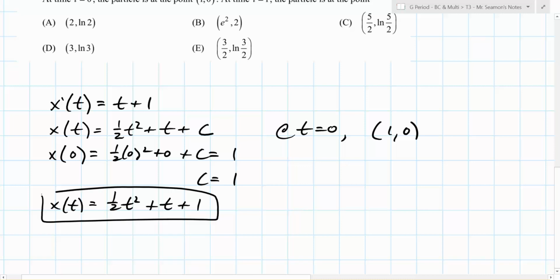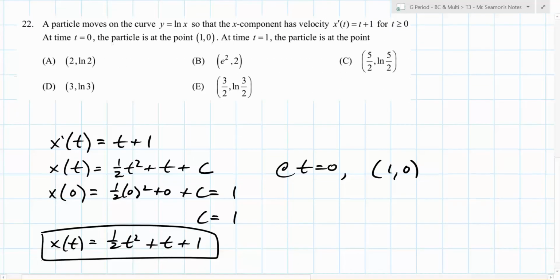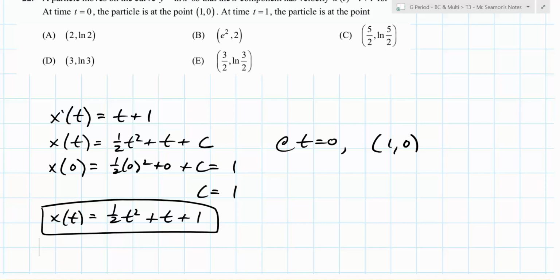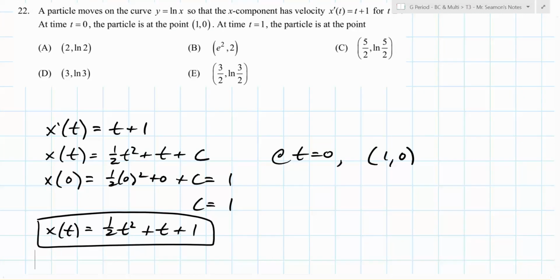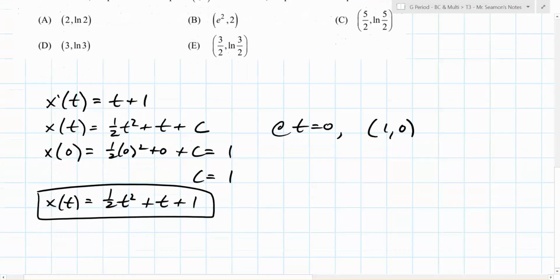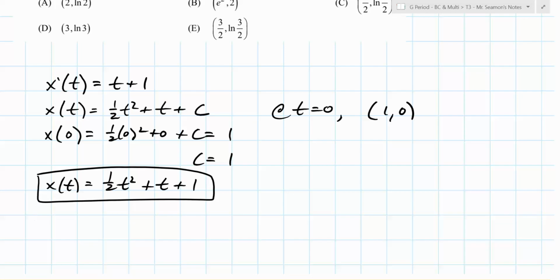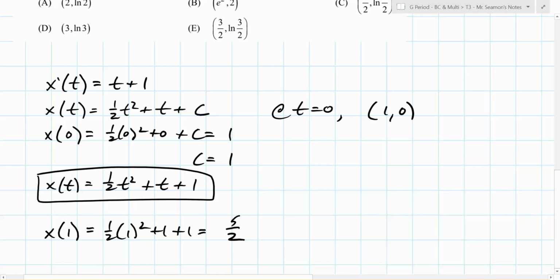So we have x of t. That's kind of nice. So what do we have to find now? When t is 1, what's the x coordinate? So if we do x of 1, what's that going to be? 1/2 1 squared plus 1 is what? 5/2. So we know where the x coordinate is.